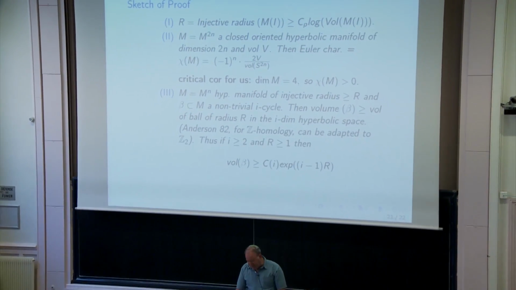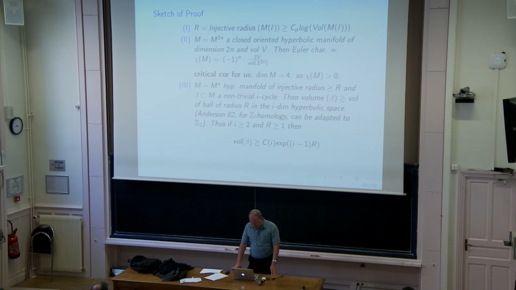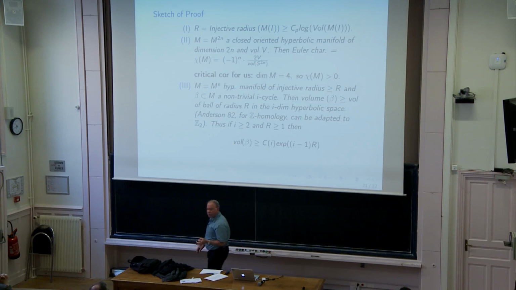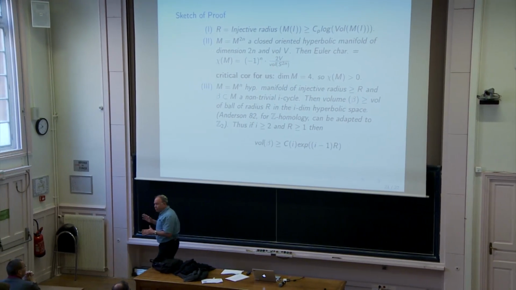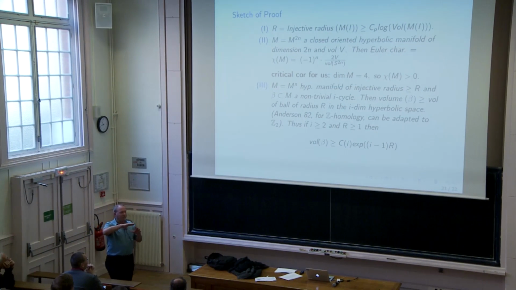Then the volume of beta is at least the volume of a ball of radius R in i-dimensional hyperbolic space. Now, this was proved already 30 years ago by Anderson for characteristic zero homology, and the proof can be carefully adapted also to Z2. Intuitively, it's almost a trivial result. Why? Just think about that.